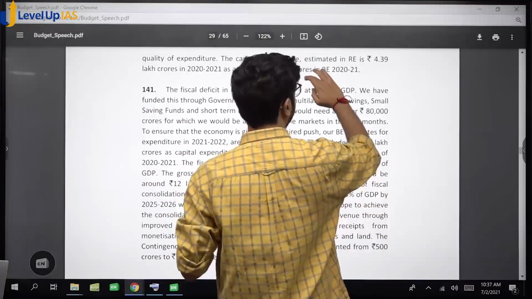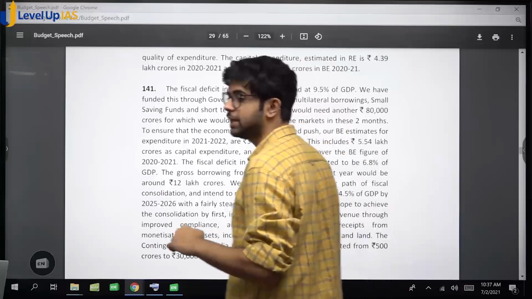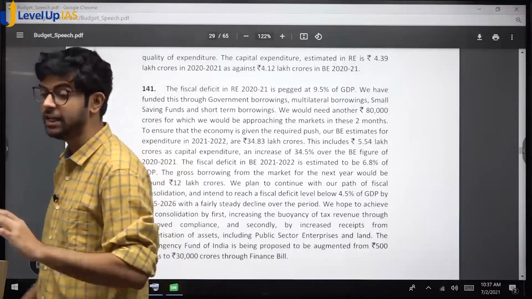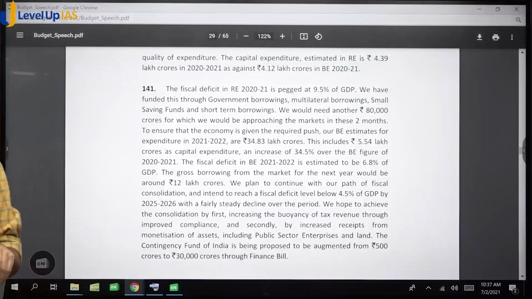Read this paragraph and tell me whether you understood completely or not. The key word here is completely. Each and every word should be understood absolutely with thorough clarity. Paragraph 141.